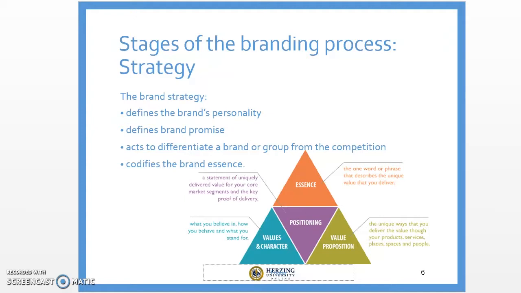On the left, we have values and character: what you believe in, how you behave, and what you stand for. And then on the right, value proposition: the unique ways that you deliver the value through your products, services, places, spaces, and people.